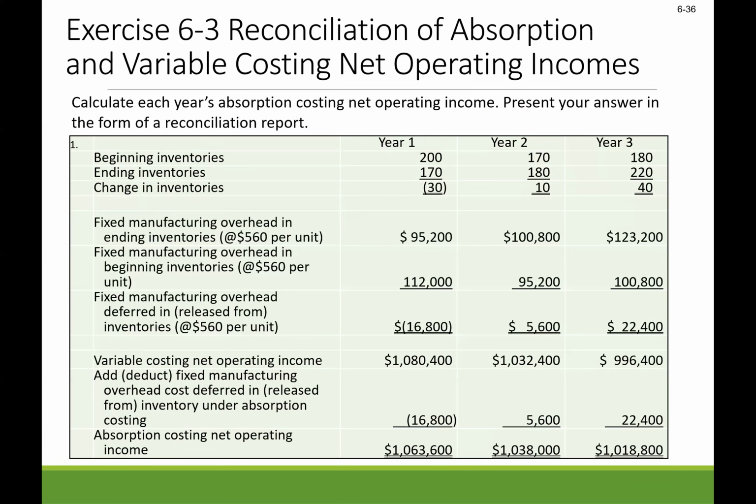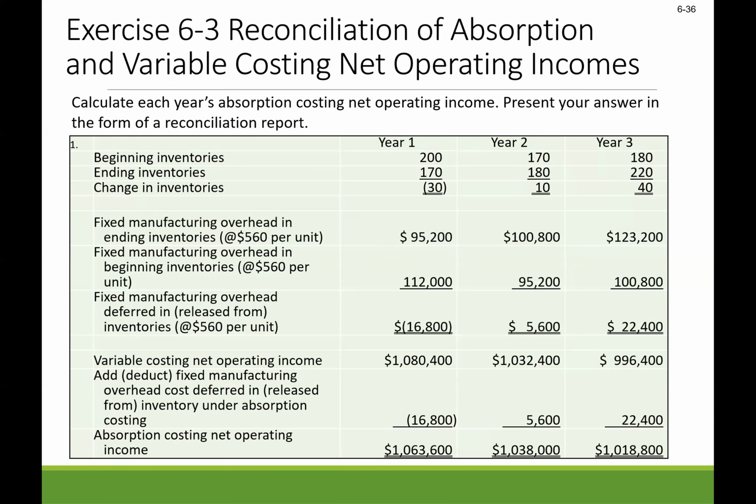So we will show what's sitting in ending inventory. And under variable costing, the fixed manufacturing overhead got included in the income statement. But we know for absorption costing, that is sitting in the balance sheet.